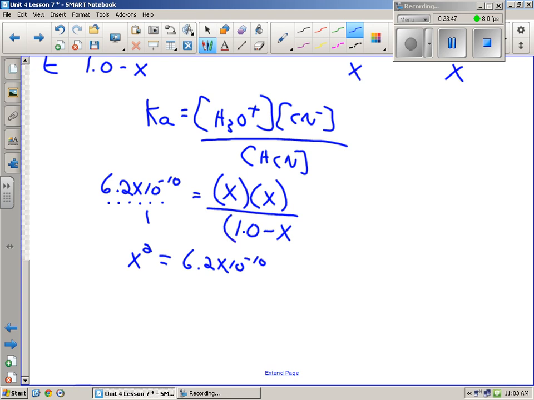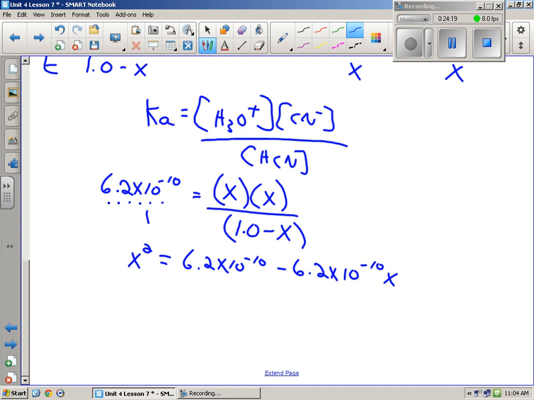Don't forget, this is what we call the binomial property in math, yeah? Twice. 6.2 times 10 to the negative 10 times 1, and 6.2 times 10 to the negative 10 times negative X. So that's a negative 6.2 times 10 to the negative 10 times X. Does this look familiar?